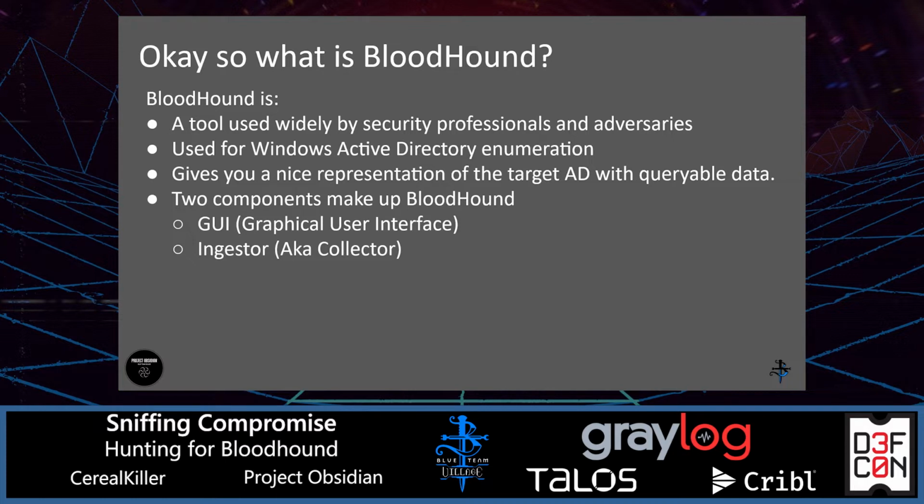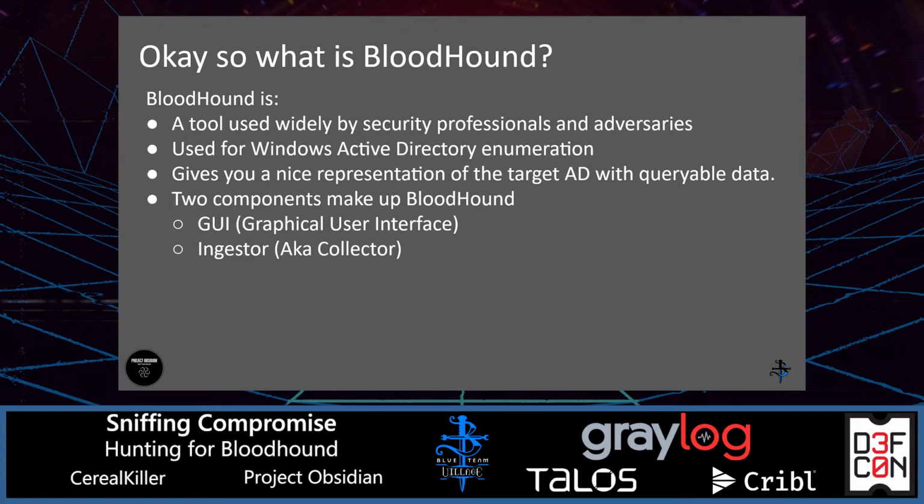And the reason for this is because Bloodhound gives a great view of the data when it comes to Windows Active Directory. So it's used for enumeration. It gives you access to information like user groups, workstations, servers that are connected to a Windows AD. It also gives you the ability to query this data with its own query language.